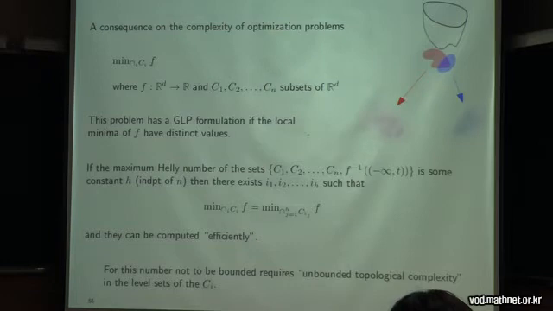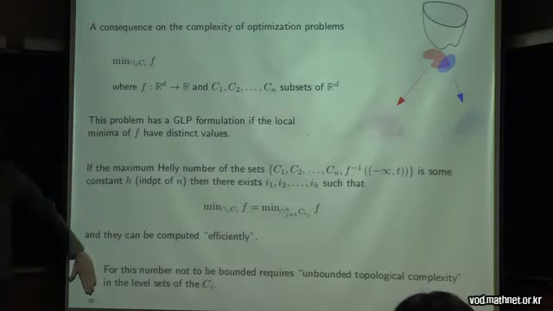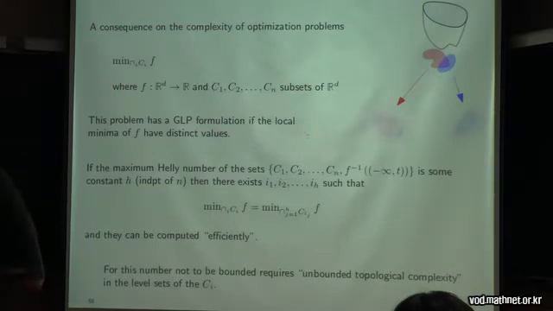Now, if your problem can be recast in this way, and there are many that can, and if the level sets of your function behave wildly, the best lower bound you can hope for will grow linearly in the number of sets. Which is something you can get by just saying you need to read every constraint. Then the number of instructions you need to perform will also grow linearly. So this is an obstruction to proving strong lower bounds, or even mildly weak lower bounds.